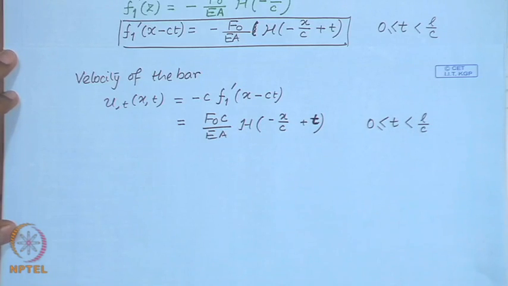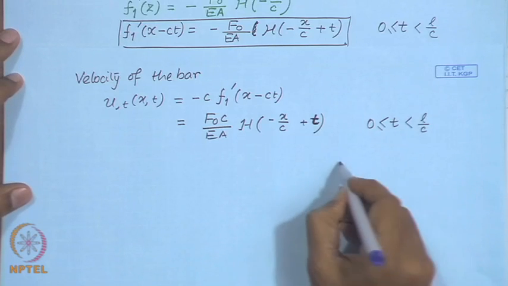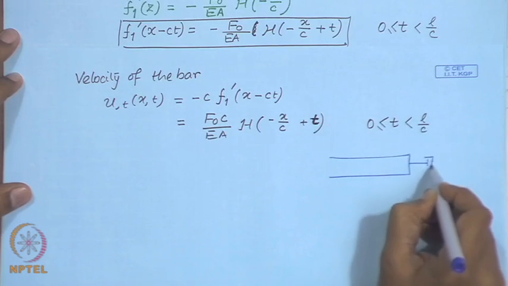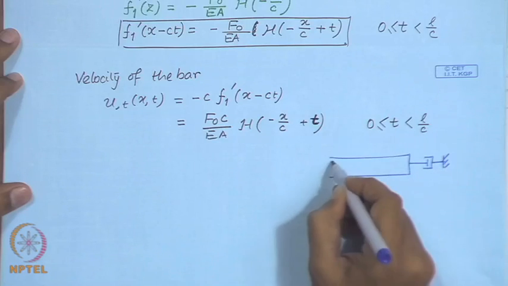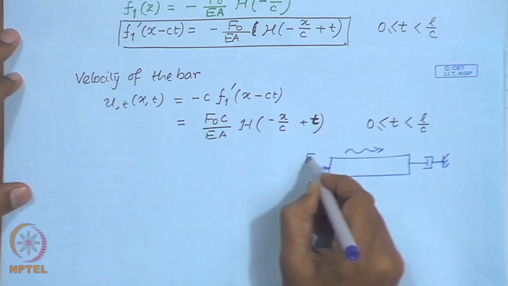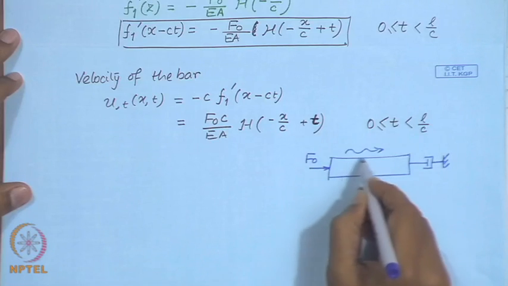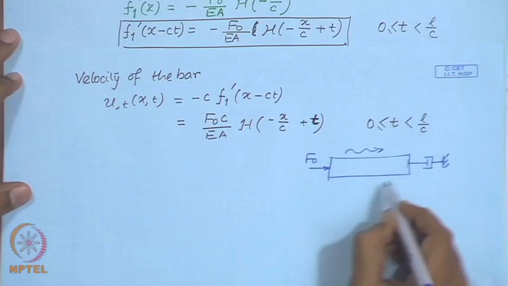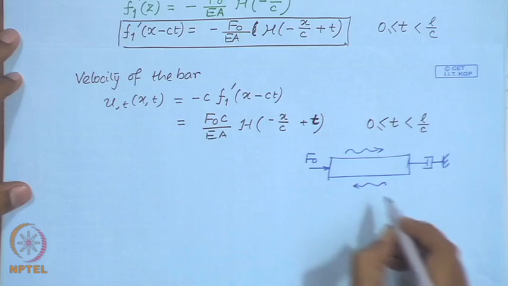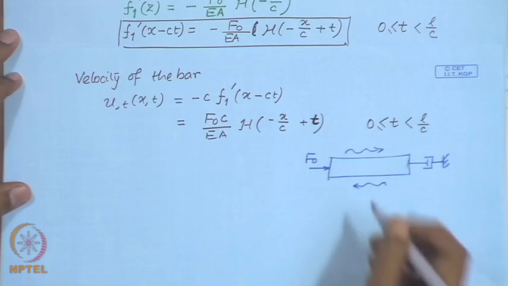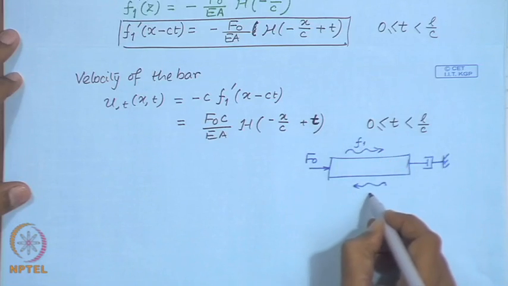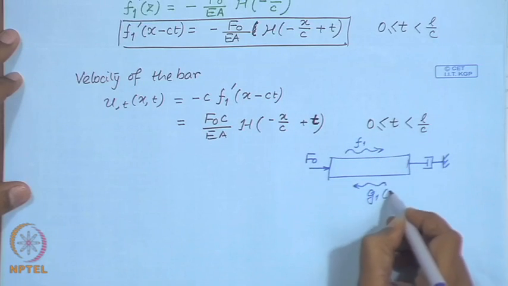Now, this is going to go and, so the force is now F naught. This wave is going to go and hit the right boundary where there is a damper, and there is going to be a reflection. So, if I call this F 1, I will call this G 1.